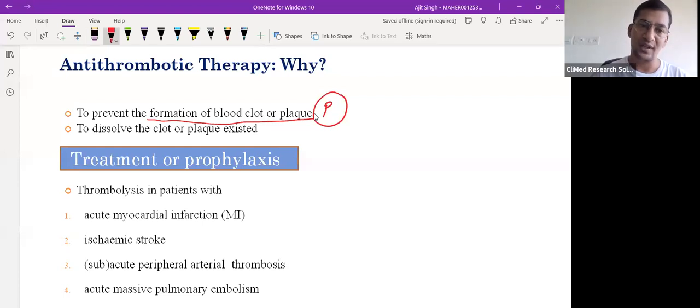And then to dissolve the clot or plaque that exists, that is the treatment, right? We are dissolving the clot, which means we have something which we can revert. So that is the treatment strategy, and this is prophylaxis therapy.